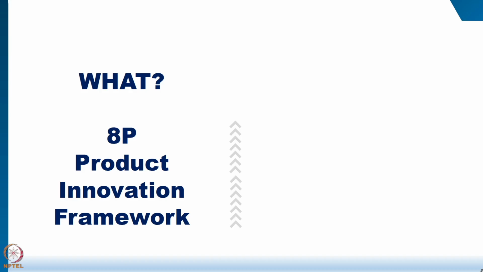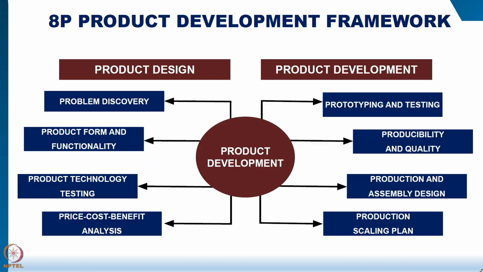And I would submit that there are 8 steps, I call them the 8P of a product development framework. Let's look at what is this framework. If you look at the framework, it starts with the product design, and there are 4 Ps to the product design work. And then if you look at the right side, there are the 4 Ps or the 4 components of product development.